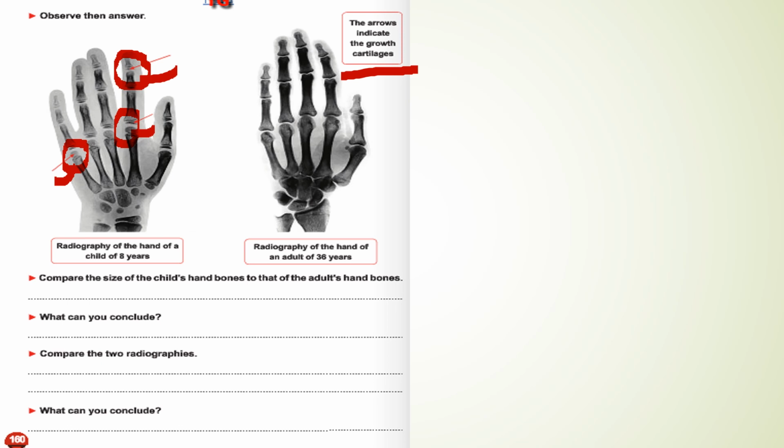What will happen later on to the growth cartilage? This growth cartilage will disappear at the age of 20 years. This is why it's not present in the hand of the adult in the second radiography.